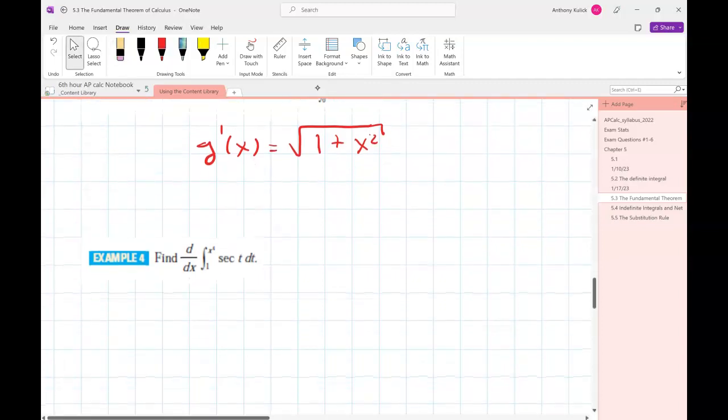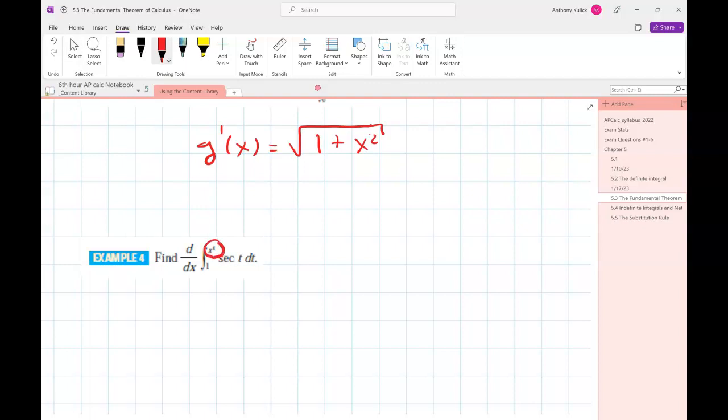Will they always be that easy? Not quite. Let's take a look at example 4 here. The difference here is that we have this x to the 4th. I know that's kind of hard to read. It didn't copy in very well. So we know that g of x would be this. How do I get an x to the fourth there?